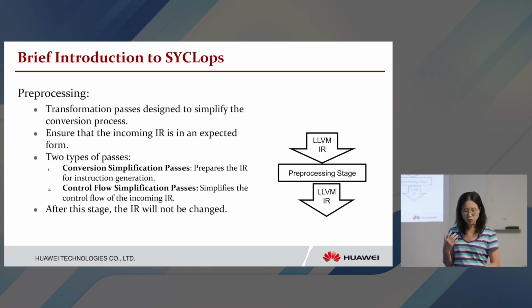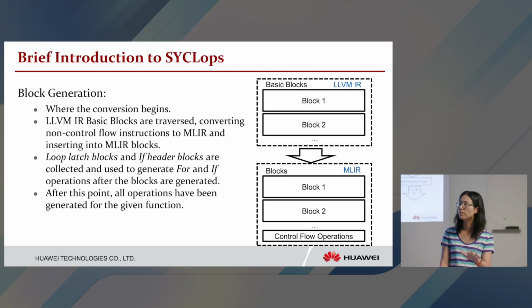For control flow simplification, we run things like loop simplify, LCSSA, that sort of pass. And we also try to simplify some of the select logic to convert Boolean select into ANDs and ORs. This is just to precondition the IR so that it's more amenable for the conversion process. And this is the only place we modify the IR, because we want the converter to not modify the IR.